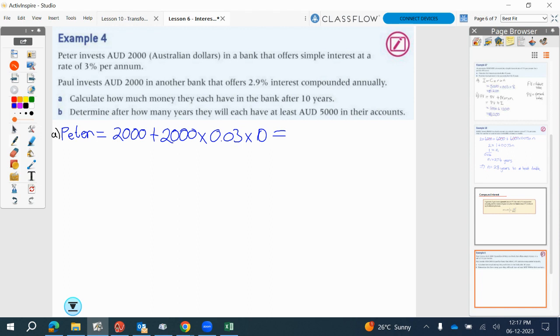Even if it says after, it's just how they word it. So this gives us 2,600. Make sure to mention that these are Australian dollars.